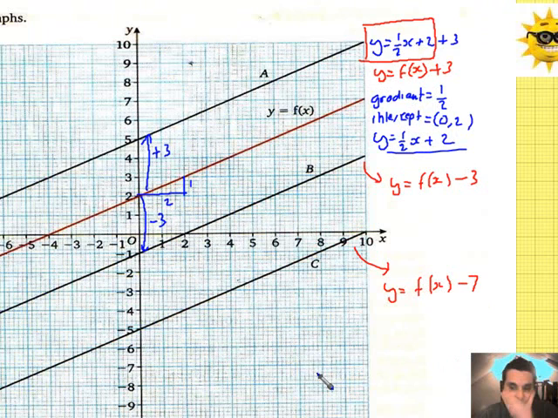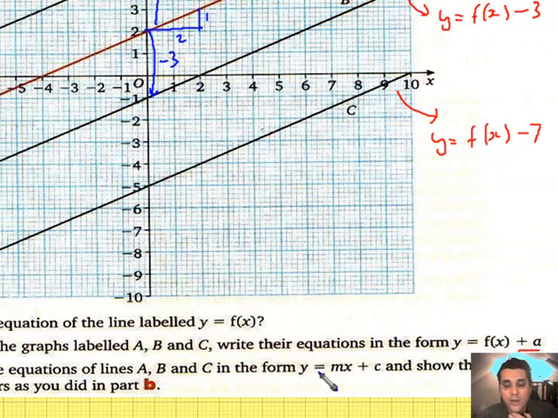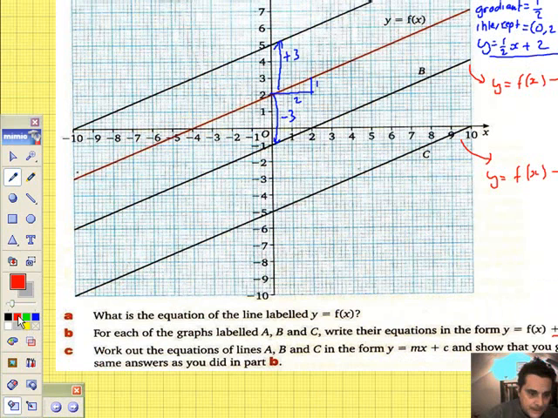Right, that's that done. Work out the equations of lines A, B and C properly in the normal way, y equals mx plus c, and show that you get exactly the same answers as in B. Well, alright then, I'll work on this side for A. Let's look at A. I've got a gradient as before.